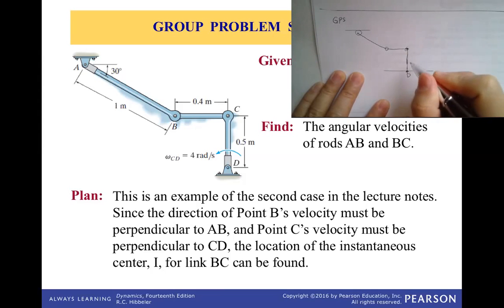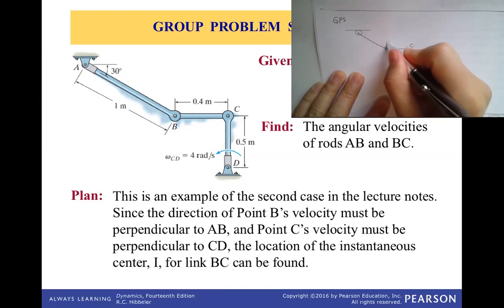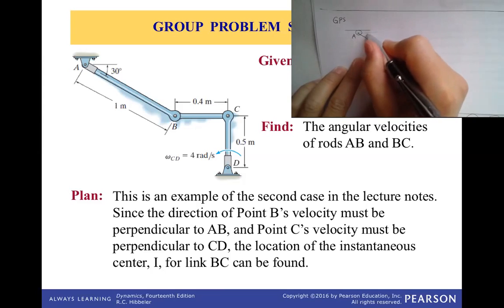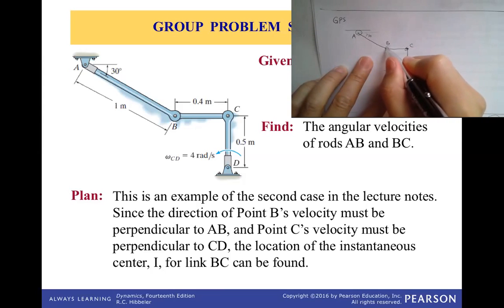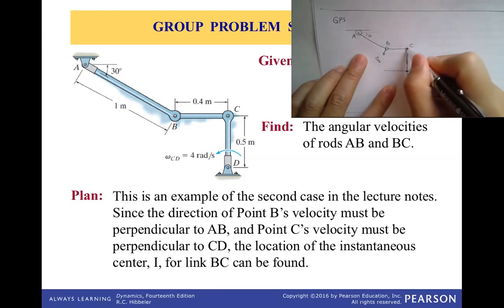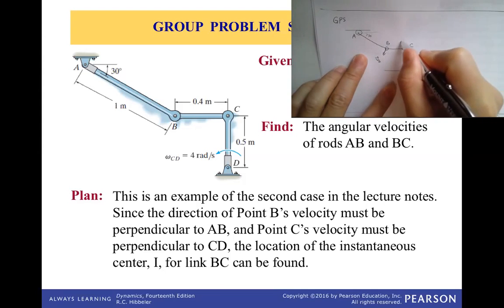So this is point D, this guy is C, B, A, okay? And then this is 30 degrees. So velocity for B should be in this direction, VB, okay? And then VC is in that direction, okay?